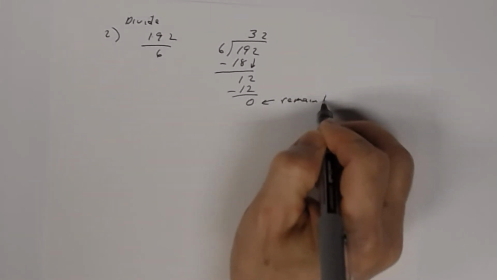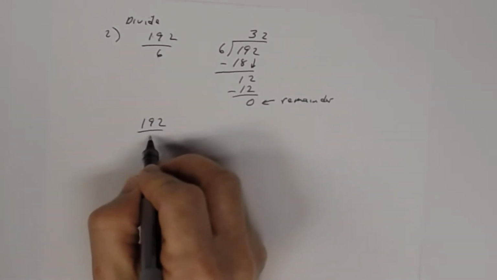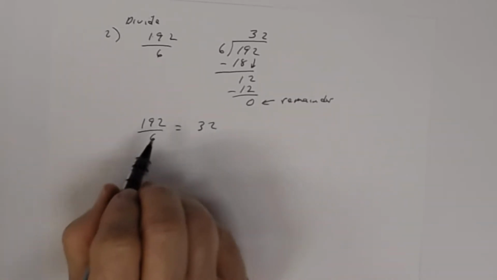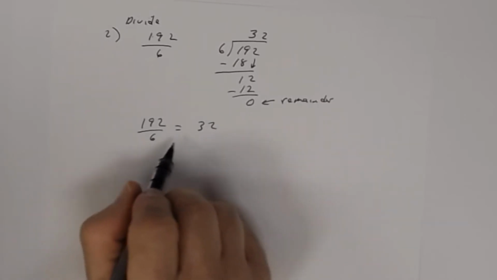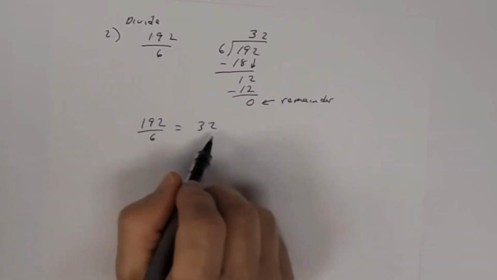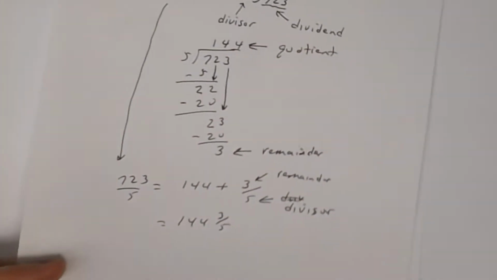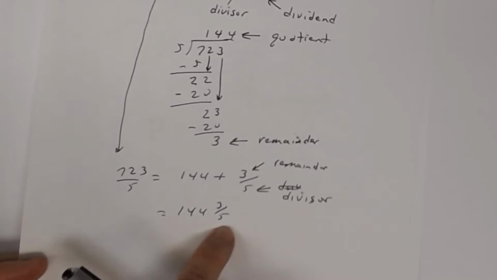That's our remainder. And so as the answer, you would say 192 divided by 6 is 32, and that's what you said. So remember, if the remainder is 0, then it's just a whole number that you got. Here, though, when we did this, the remainder was not 0. The remainder was 3. So that's where you had this mixed number.